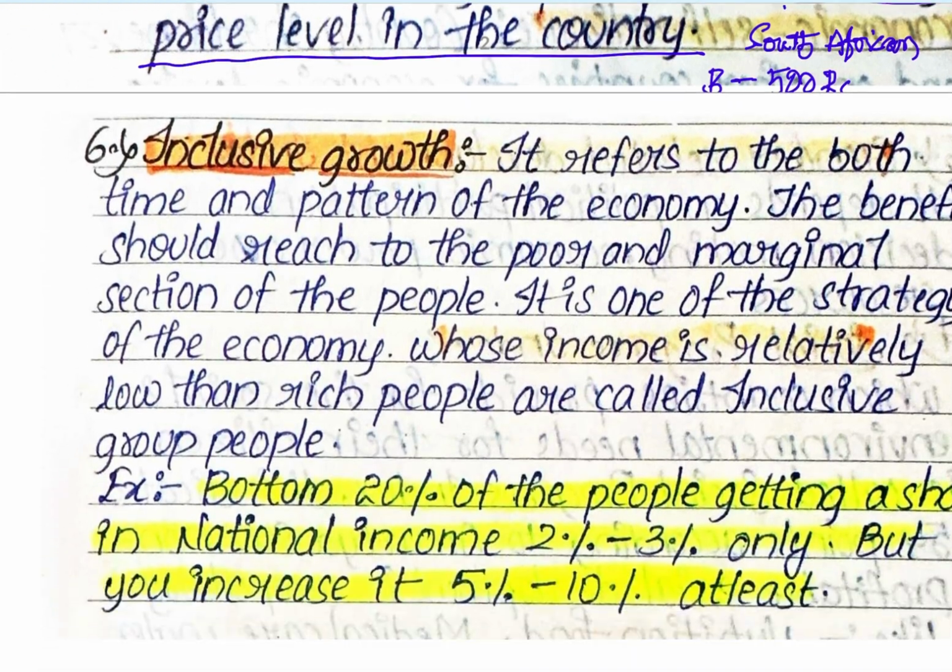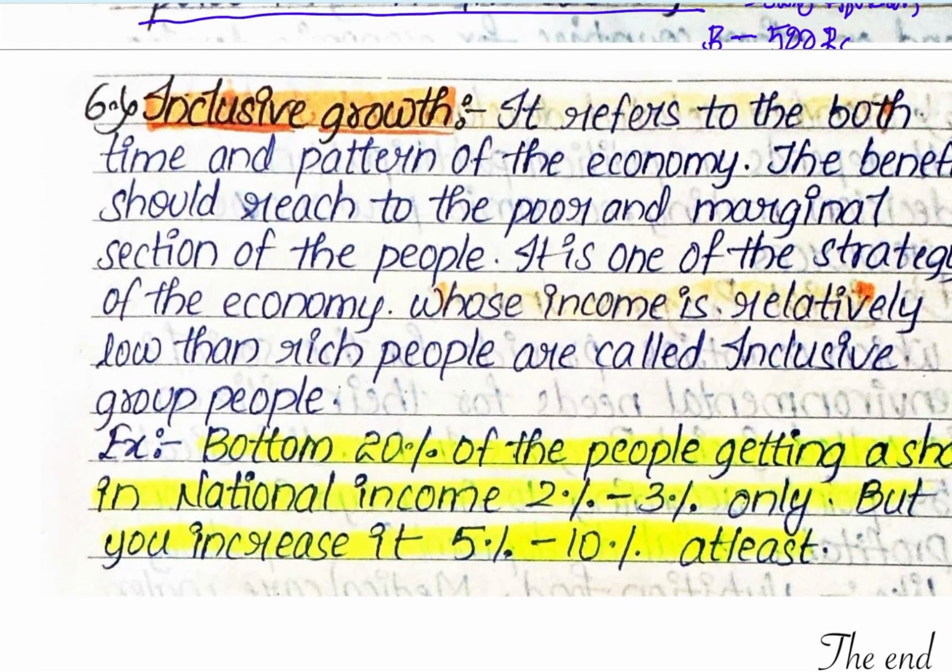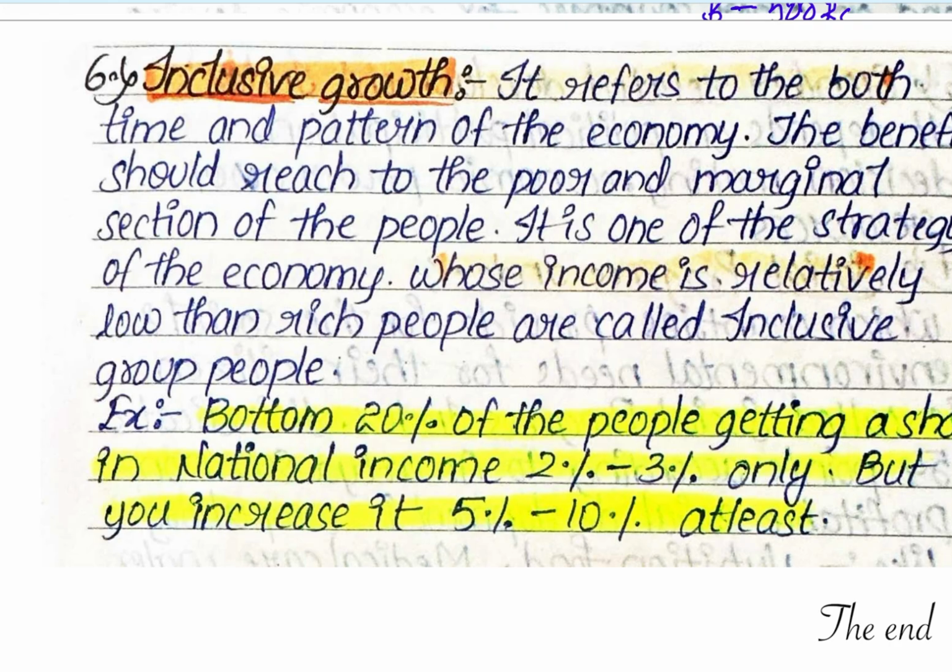And the sixth one, inclusive growth. What is called inclusive growth? Inclusive means the total people's participation is very important in economic development. Exclusive means only some limited people's participation, which is called exclusive growth.